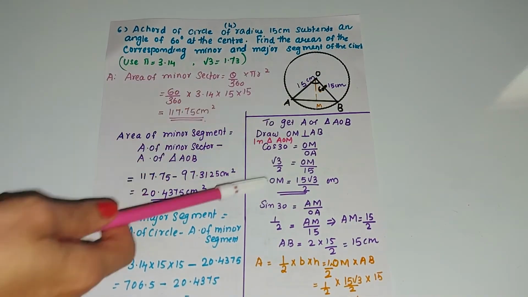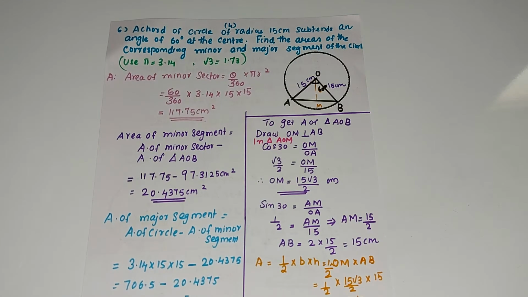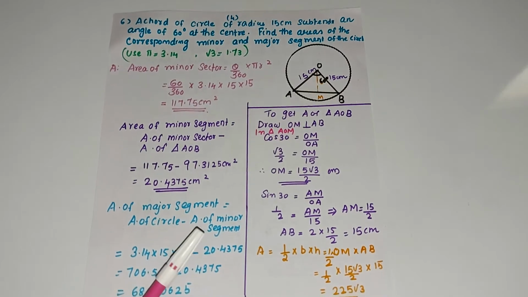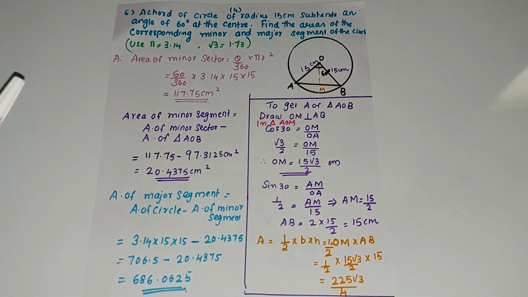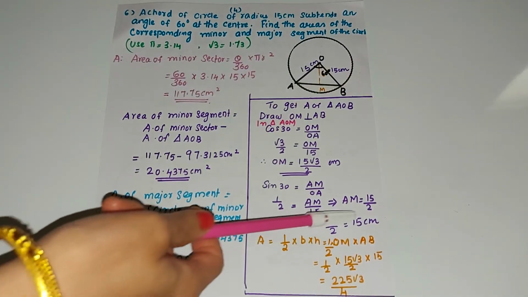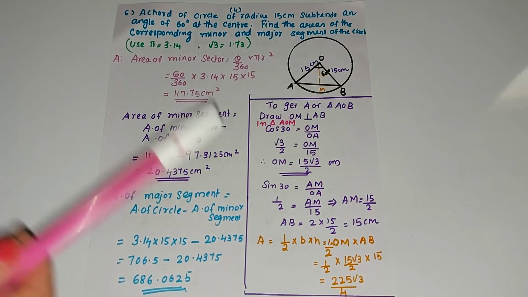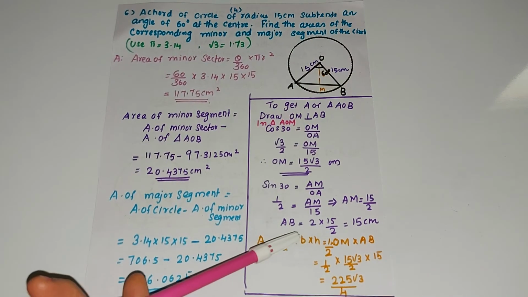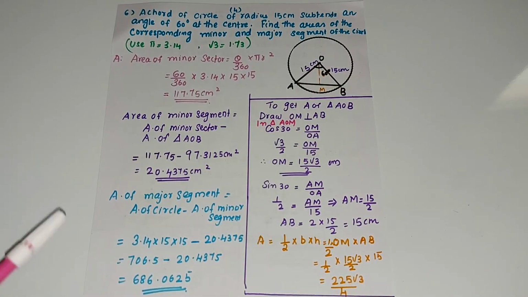So we got height OM as 15 root 3 by 2, and take sin 30. Sin 30 is equal to AM by OA, and substituting the value, 1 by 2 equal to AM by 15. So AM we got as 15 by 2 and we need the base as AB. So to get AB, multiply by 2. So AB equal to 15 centimeter.